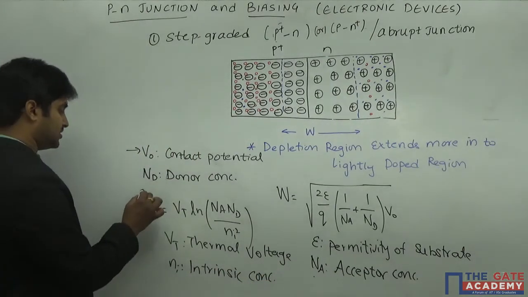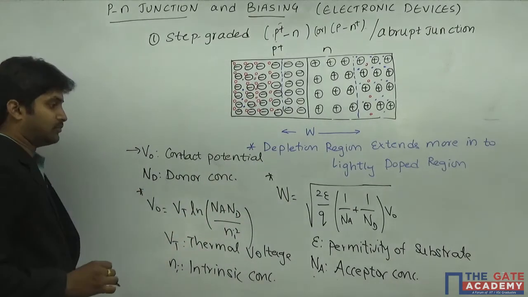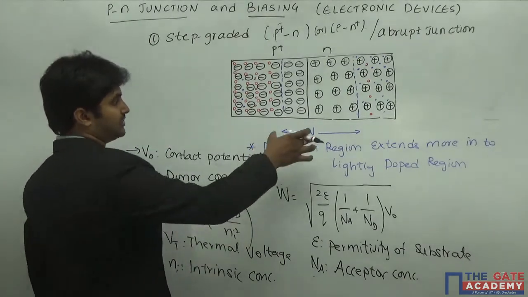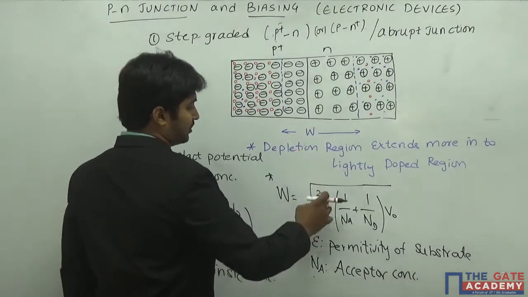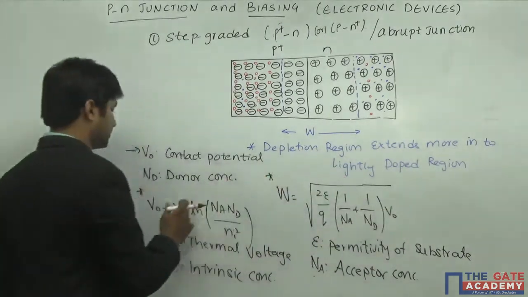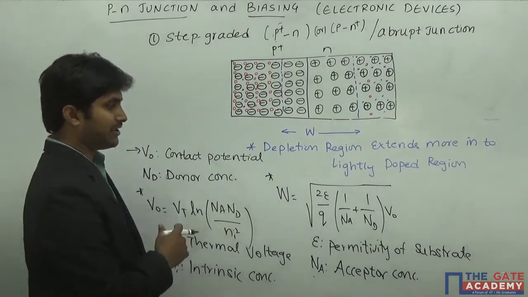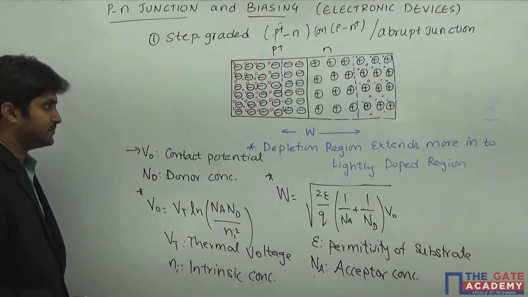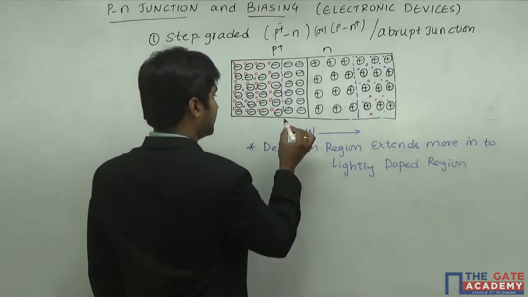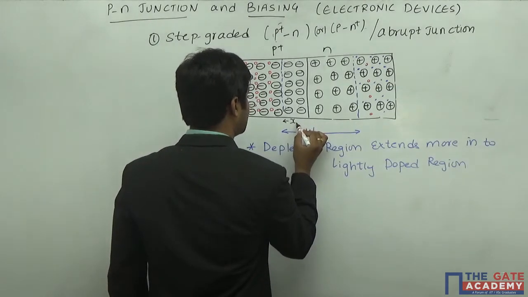Okay, the depletion width W and the built-in potential are going to be very important formulas. So W, the width of the depletion region, is given by square root of 2 epsilon by Q, 1 by Na plus 1 by Nd into V naught, where V naught is nothing but the contact potential that we have seen earlier. So we can see here that the width of the depletion region can be divided into two parts.